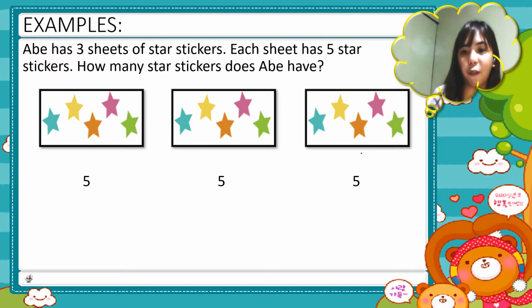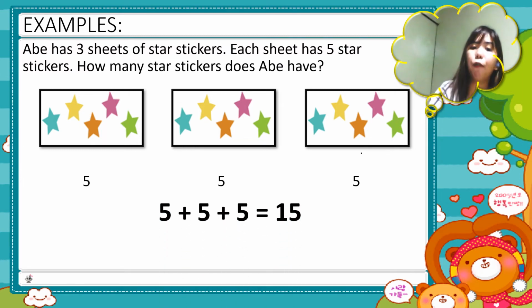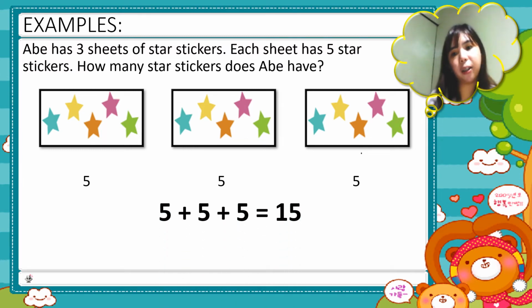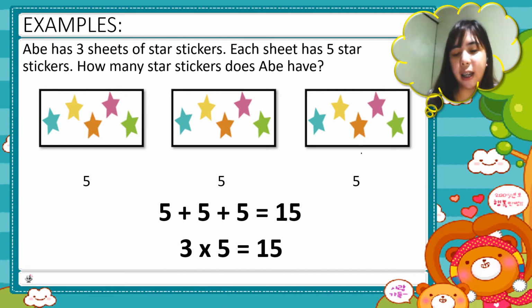So how many stars does Abby have? 5, 5, 5, right? If we are doing addition, we can write it as 5 plus 5 plus 5 equals 15. But how about in multiplication? In multiplication, it is written as 3 times 5 equals 15. 3 times 5, because you need to look at the illustration.